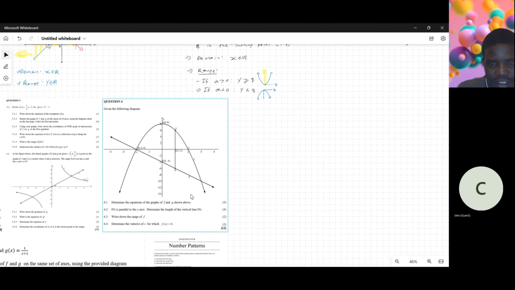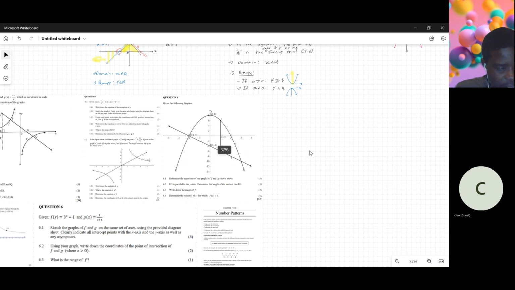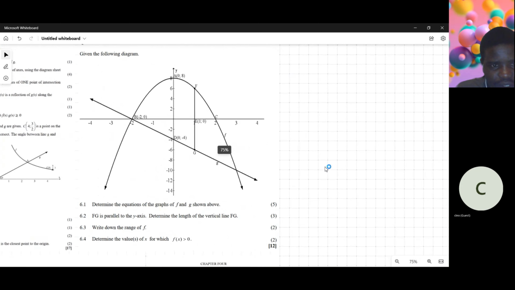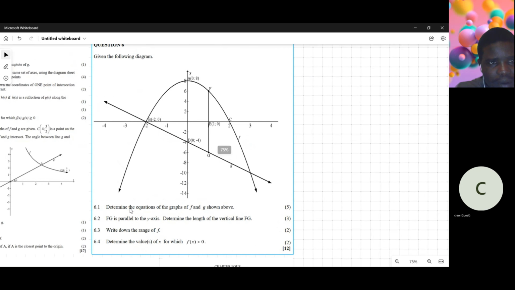There you are, our first question. There is something that we didn't discuss, but we will touch on it as we do these questions. Look at 6.1 there. What are they saying?